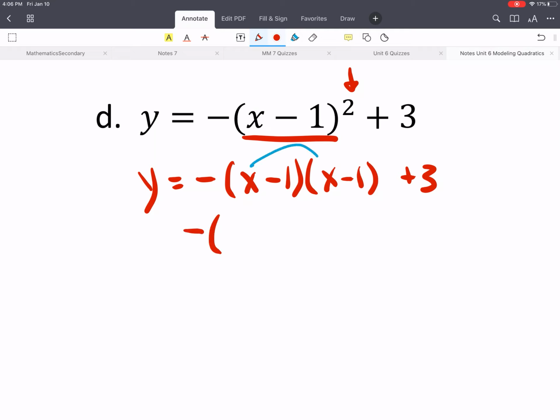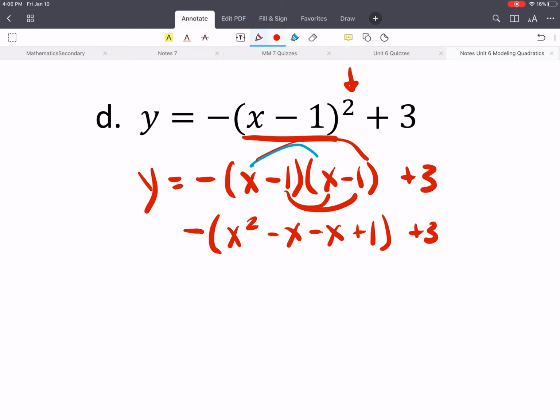We still have our negative, so we'll have x squared, negative x, or negative 1x, either way. Negative x again, and then negative 1 times negative 1 is a positive 1.